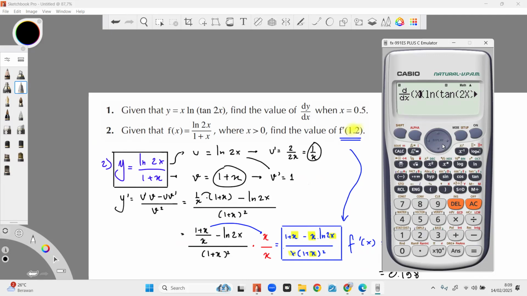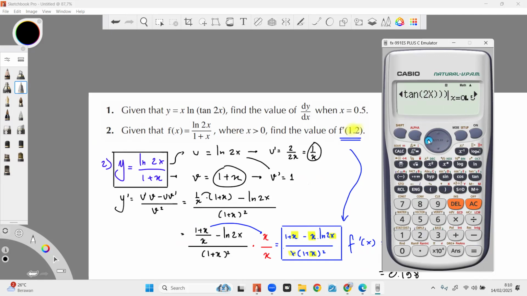What happened? It doesn't work. I think the calculator is not so good. What happened? x times ln tan 2x. Oh, radian? Yeah, that's radian.